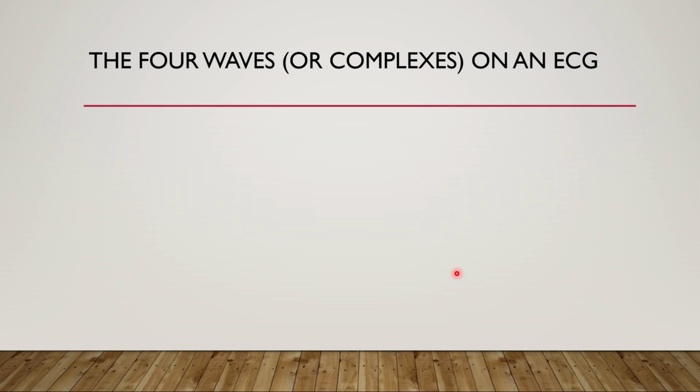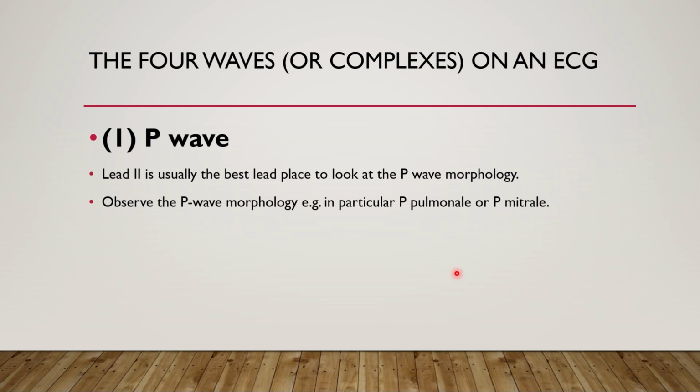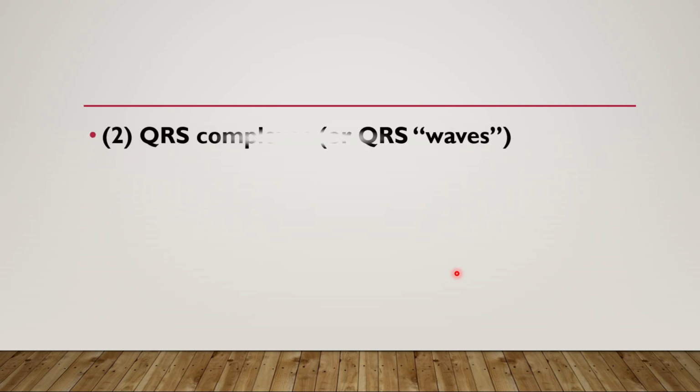After that, we have four waves on an ECG. Four waves are four complexes on an ECG. First is the P wave, which represents the atrial depolarization. It is best localized in lead 2. We should look for P wave morphology, particularly the presence of a P pulmonale or P mitral. Next is QRS complexes.